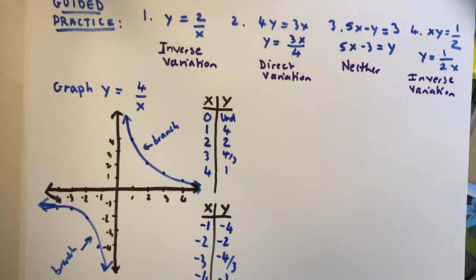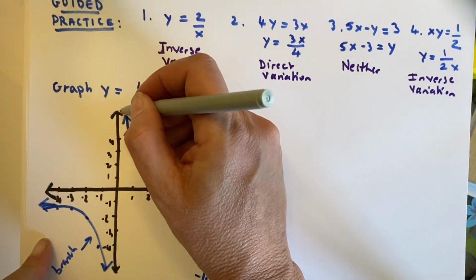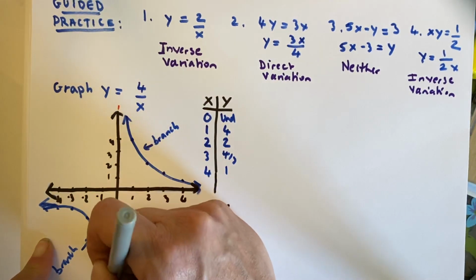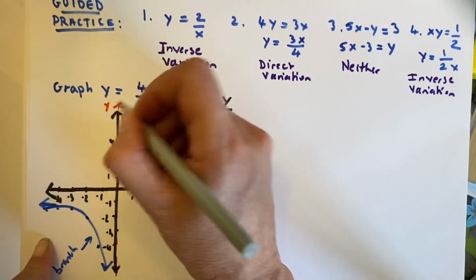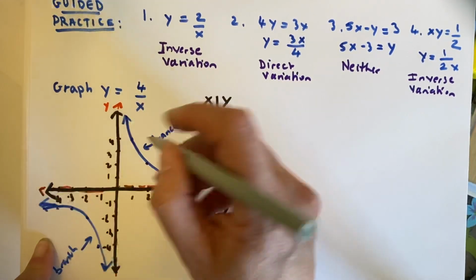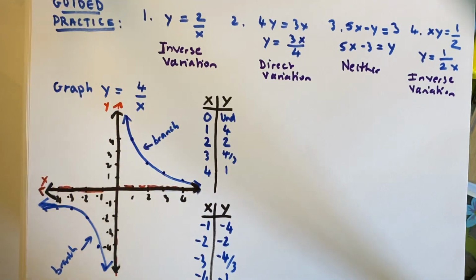And the other portion that I will define, I'm going to put that in red, is, can you see that the branches approach x equals 0 and y equals 0? You can see that they're going to approach this y-axis, which really is x equals 0, and this x-axis, but they're never ever going to hit the axes.